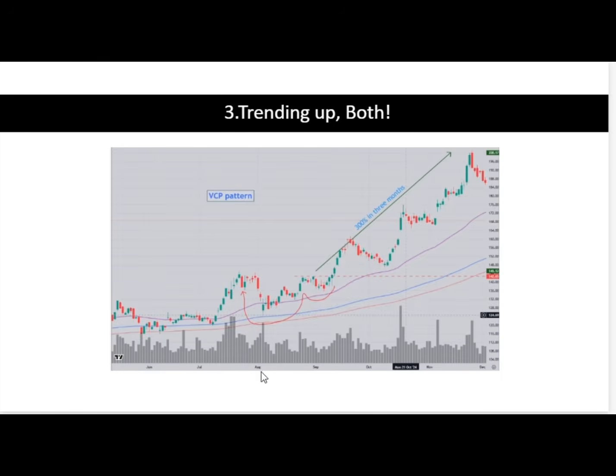As you can see here, this is the 200 MA and this is the 150 MA. They are both heading upward. Even with a slight angle, not too much like this one, but it's already heading up. This is the breakout here, and if you cover this side, you're gonna see those MAs are heading up.